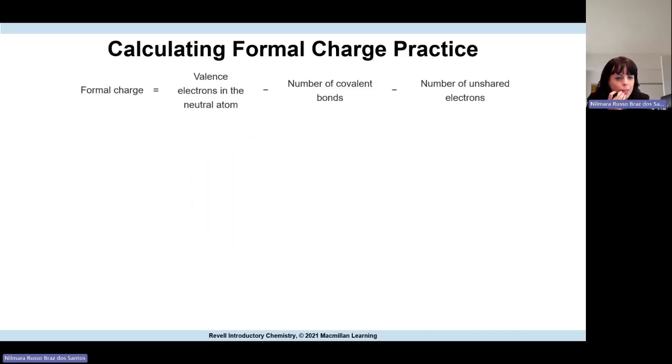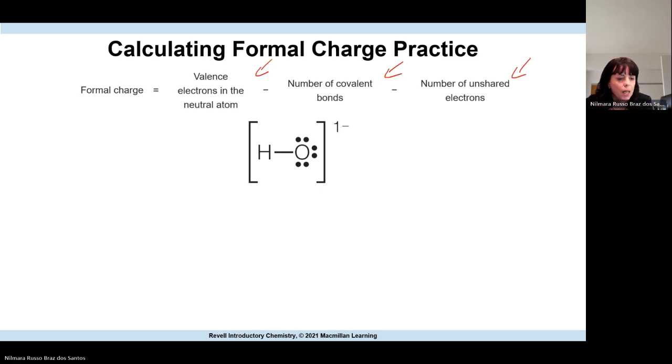Let's look at this. So we're going to use this formula. Formal charge equals valence electrons in the neutral atom minus number of covalent bonds minus the number of unshared electrons. So let's look at this example over here. How are we going to calculate this? So we have hydroxide over here. Hydrogen has 1 valence electron and oxygen has 6 valence electrons.